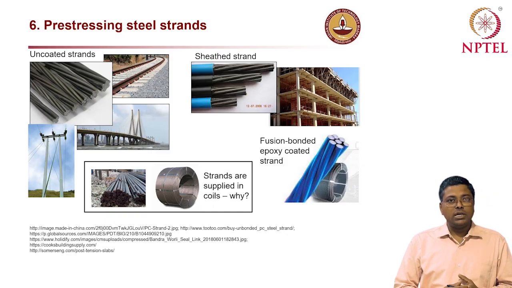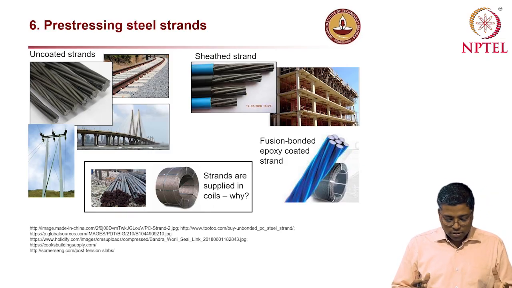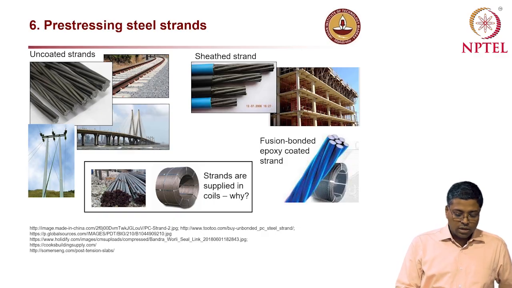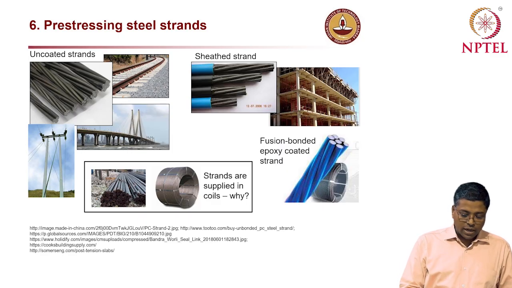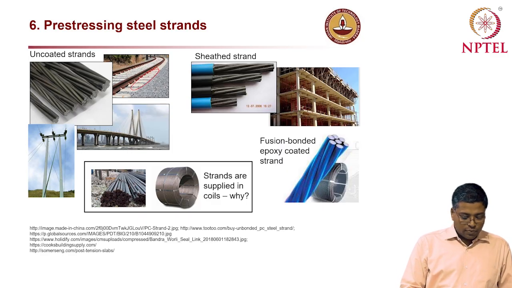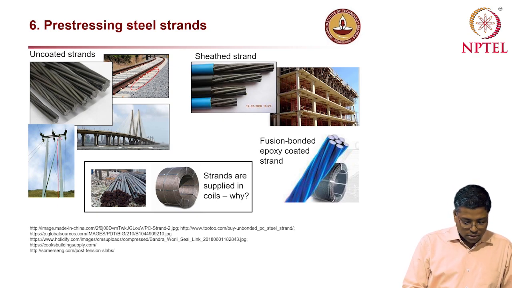Now, prestressing steel strands are another type of steel which we are using very much in different types of structures today. Railway sleepers or railroad ties, these concrete sleepers, and then very tall electric poles or masts.